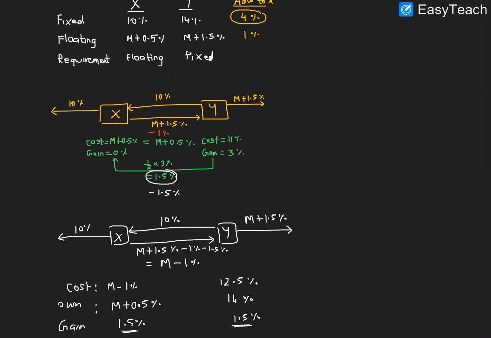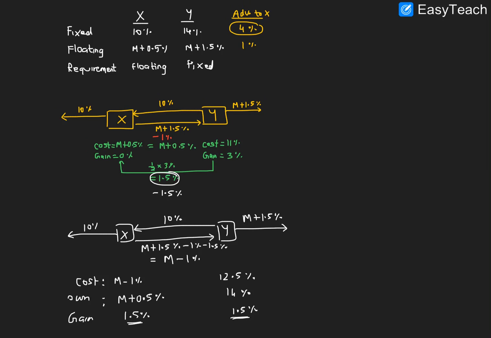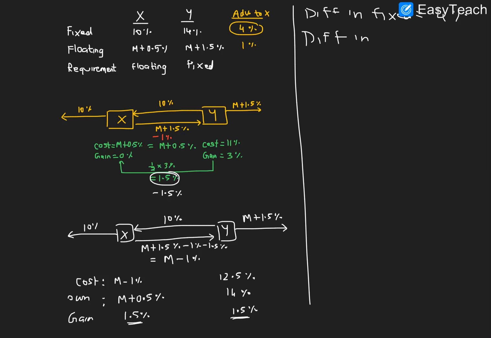Okay, now do we need to prepare all this working again and again? Definitely you need not. There is a shortcut way to calculate just what should be the cost for X and Y. So for that, we simply say difference in fixed rate is 4%, and difference in floating rate is 1%.